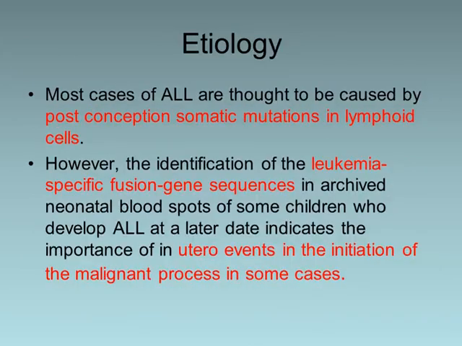Etiology. Most cases of acute leukemia are thought to be caused by post-conception somatic mutation in lymphoid cells. However, the identification of leukemia-specific fusion gene sequences in archived neonatal blood spots of some children who develop acute lymphocytic leukemia at a later date indicates the importance of in utero events in the initiation of the malignant process in some cases.